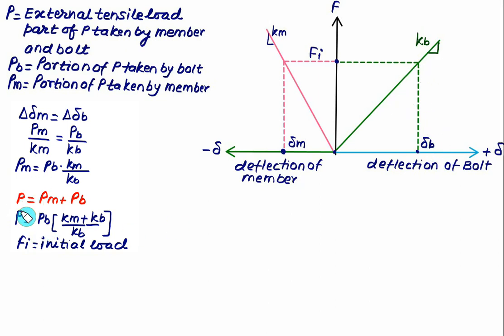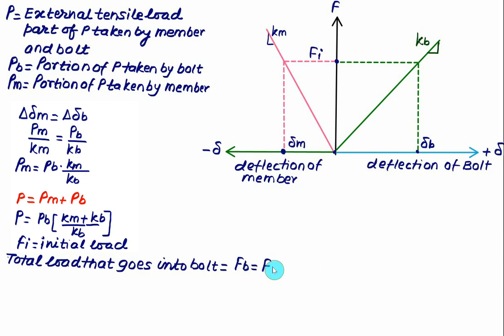And when the external load is added, then we can calculate the contribution of PB and the contribution of PM. So these are the additional loads that will come in addition to Fi on the bolt and gasket. That additional deflection we have to show in the figure. The total load that goes into the bolt we will represent as FB, which will be equal to the initial load Fi plus PB, the portion of the P taken by the bolt.